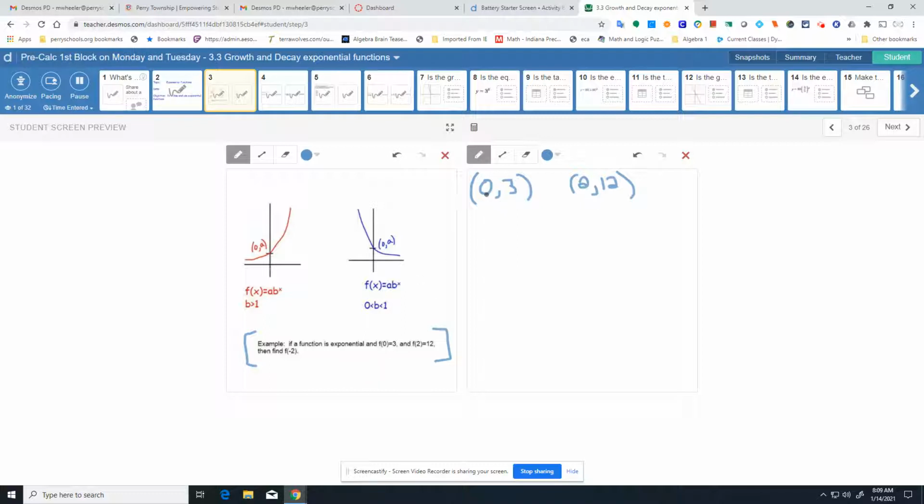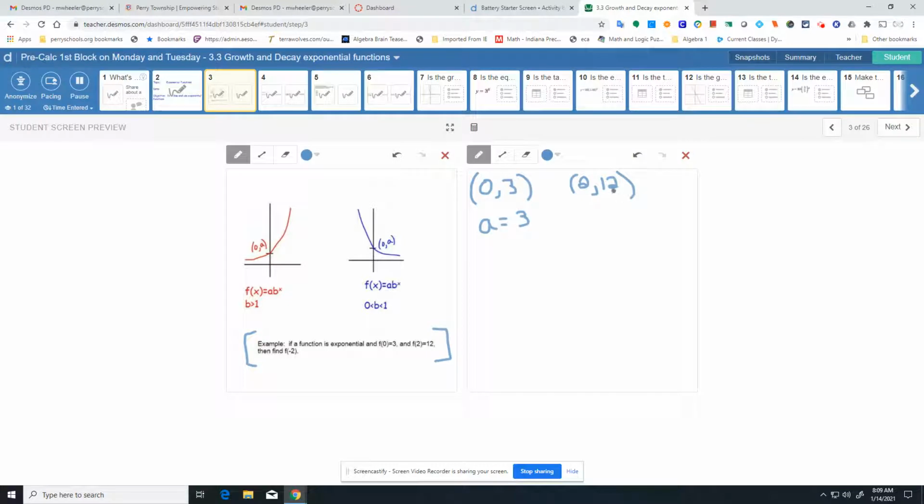If that first number is 0, your second number is the intercept. So we know right away a is 3. Otherwise, it becomes a little bit more difficult to solve. And I think on all the ones that you're going to be given, that intercept is always going to be 3. So if you know the intercept, we need to know b.